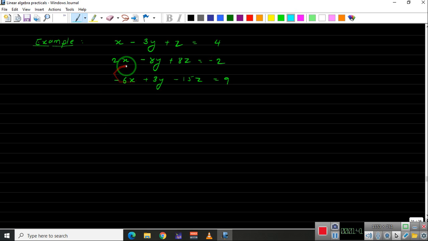The augmented matrix for this becomes: 1, minus 3, 1, and B is 4; 2, minus 8, 8, minus 2; minus 6, 3, minus 15 and 9. This is our augmented matrix.